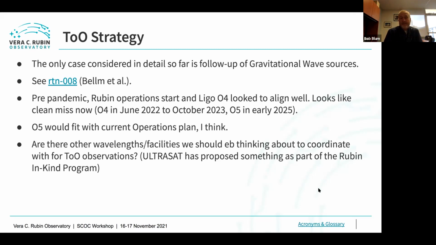There are other wavelengths and facilities that we should also be thinking about, of course, to coordinate with TOOs, perhaps radio facilities or other things that are going to provide alerts and real-time objects of interest that we might consider the need for Rubin to follow up on. One of them that you may have heard about is an ultraviolet satellite from an Israeli group called Ultrasat.